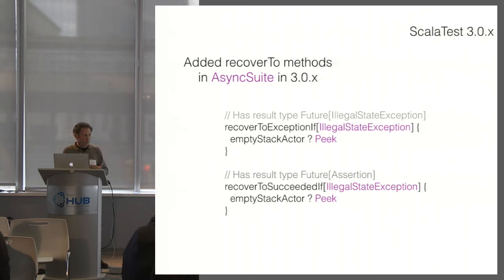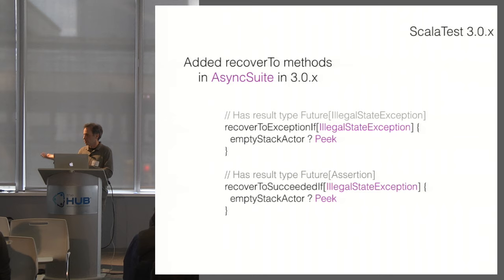So we had to create two new things that are kind of like intercept and assertThrows, but for futures. One of them is recoverToExceptionIf. The future API calls it recovering if you go from an exception back to some kind of success. So I had one called recoverToExceptionIf[IllegalStateException]. It's like recover in Future, except it has to be that exception. Recover will do it if any kind of exception it will recover from. This one won't recover from the wrong exception.